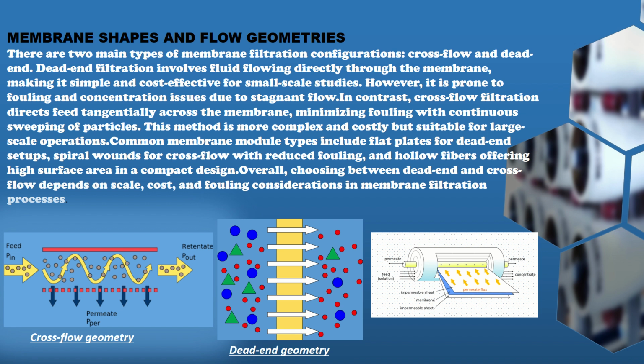This method is more complex and costly, but suitable for large-scale operations. Common membrane module types include the flat plate for dead end setups, spiral wound for cross flow with reduced fouling, and hollow fibers offering high surface area in a compact design.